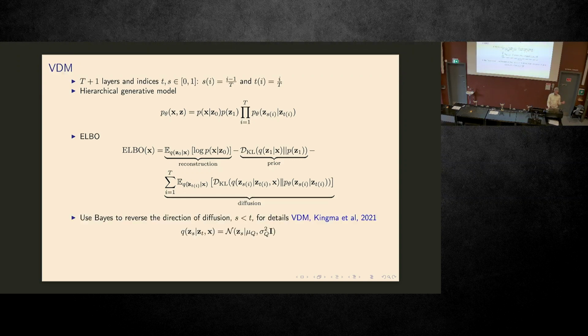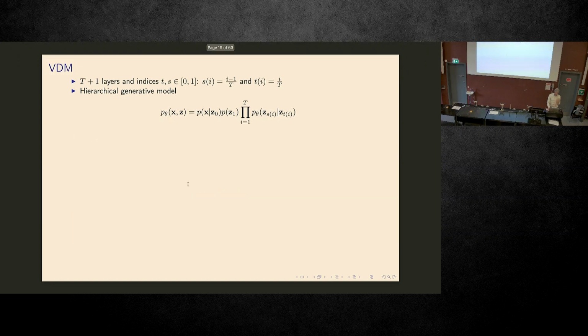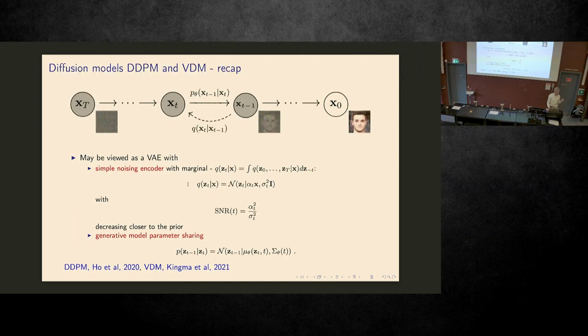And what we then do in the VDM model, and also in the DDPM model, probably you have done that exercise today or seen it on the blackboard, is that we take the diffusion model going from data towards the prior, and we then reverse the directions using Bayes' theorem, right? Sounds familiar for anyone?